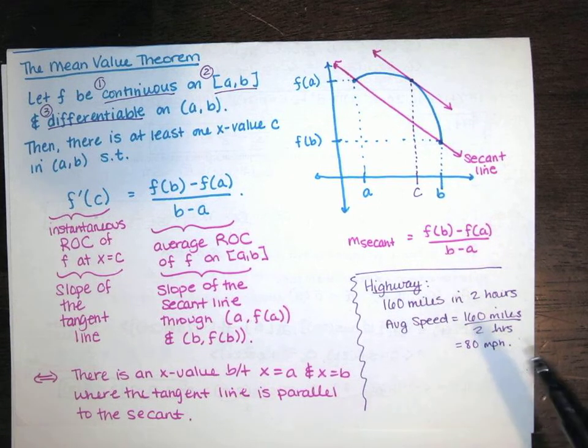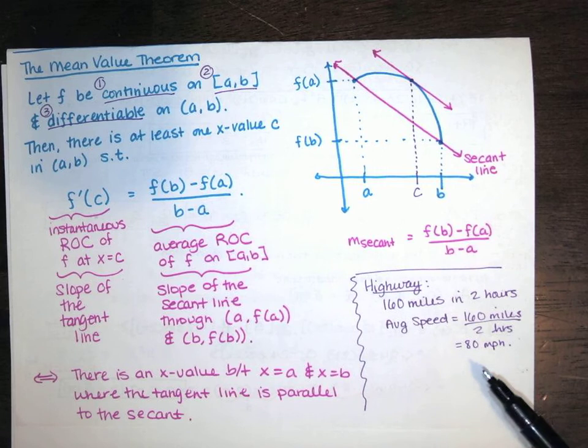Calculus would enable us to figure out they had to have been speeding at some point during that 2 hour interval, and they had to have been going this fast. Instead, you're driving down the highway and you see the police officer and you slow way down, and they aren't able to figure out whether you're speeding or not.